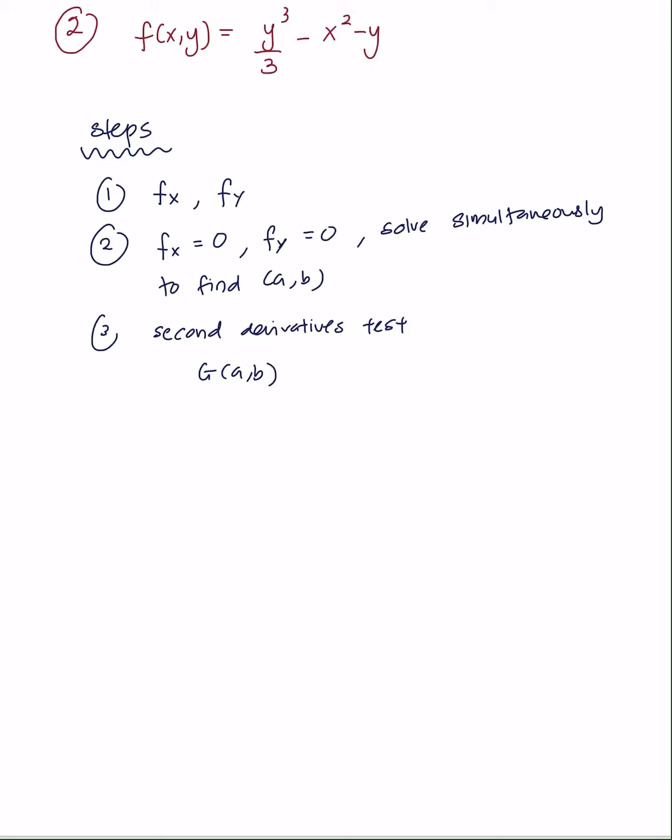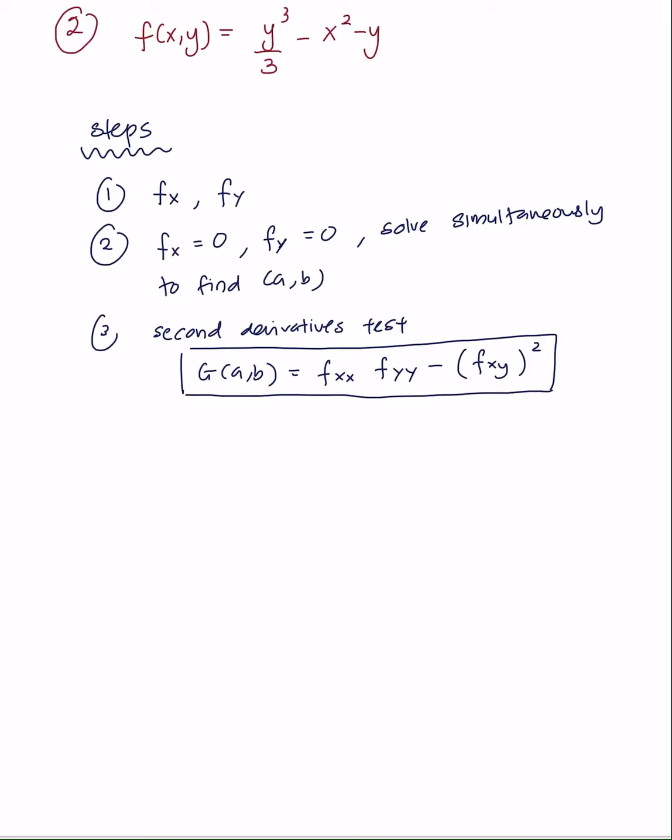We already have the critical point, therefore we need to find G(a, b), where G(a, b) is fxx times fyy minus fxy squared. So to find this, we need to find fxx, fyy and fxy, and substitute (a, b).